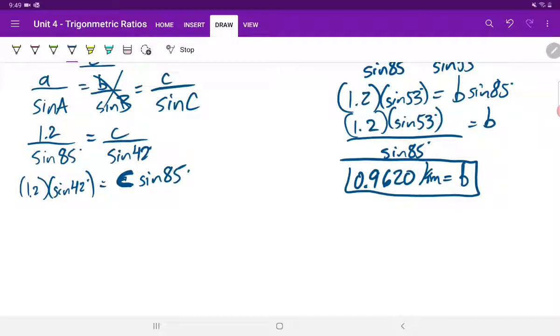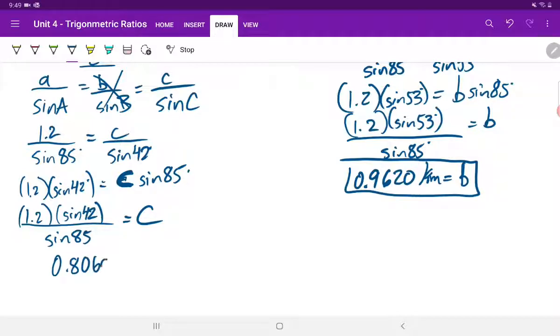Divide both sides by sine 85. Again, notice I'm not punching in sine 85 or sine 42 into my calculator just yet, because I want to keep as much accuracy as possible right now. So in my calculator, I do 1.2 times the sine of 42 divided by the sine of 85. And here you get 0.8060 kilometers is equal to c, lowercase c that is.